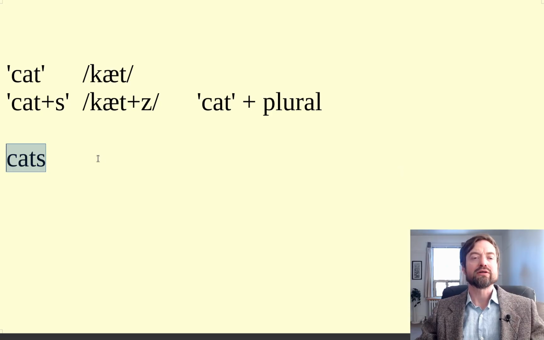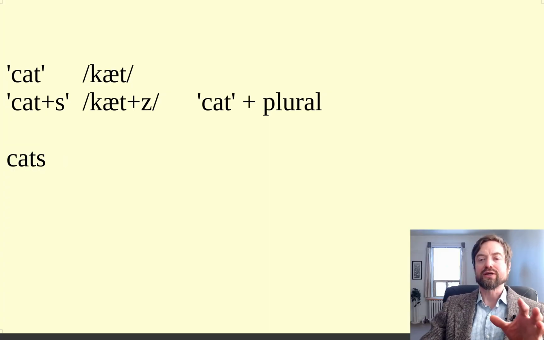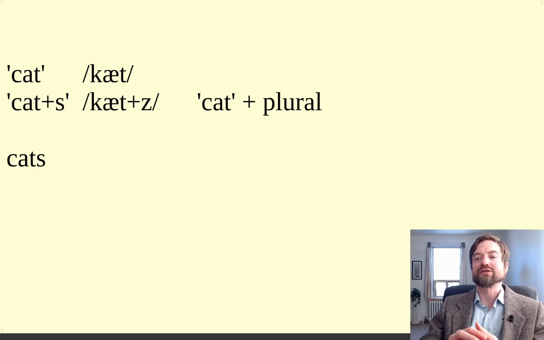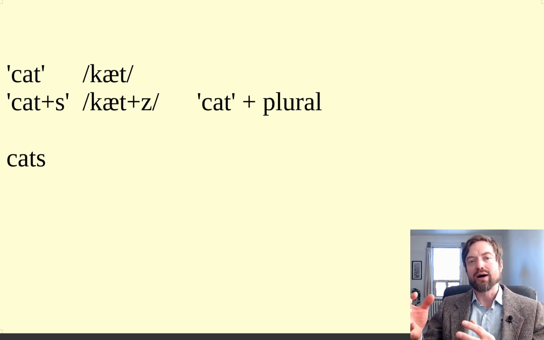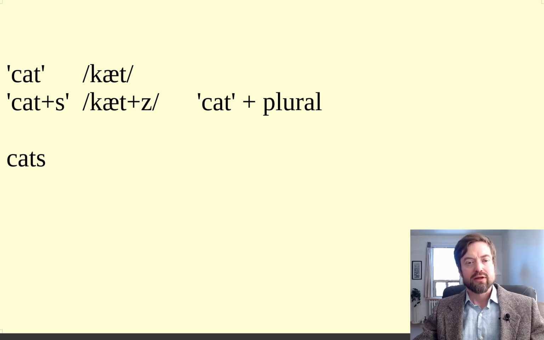You can see, well, cat is a thing. For each piece to be a morpheme, usually the clearest test is whether it can stand on its own as a word, or it's something that is combined with many other words. So, cats, well, clearly cat is a word that can stand on its own.